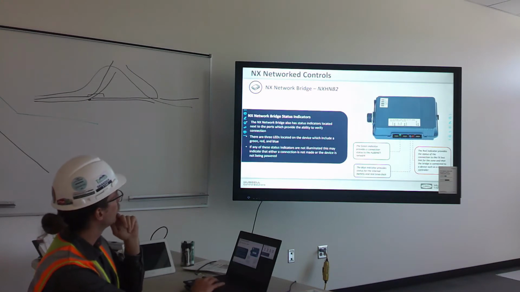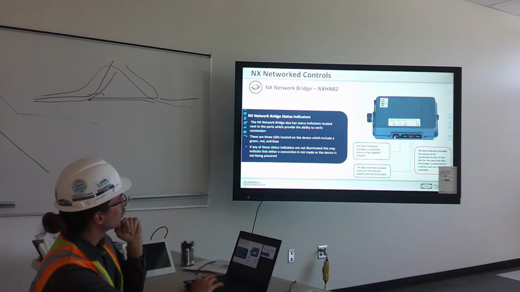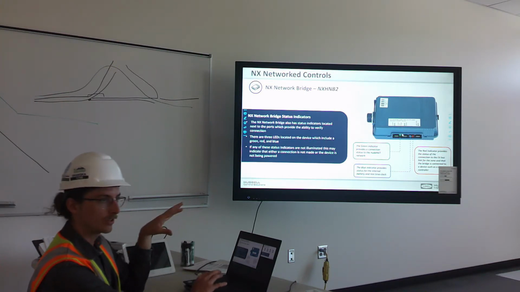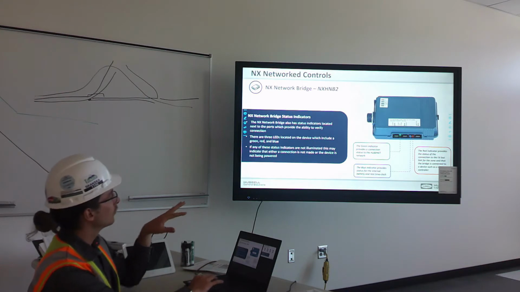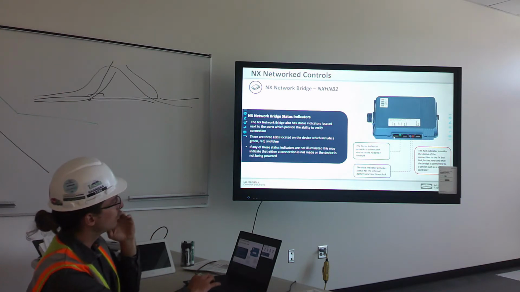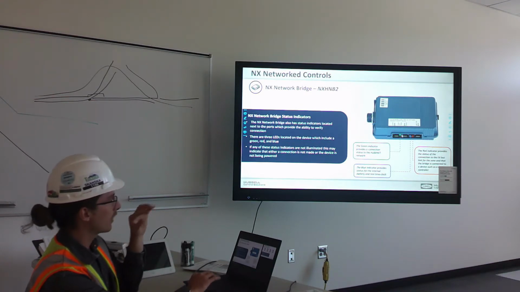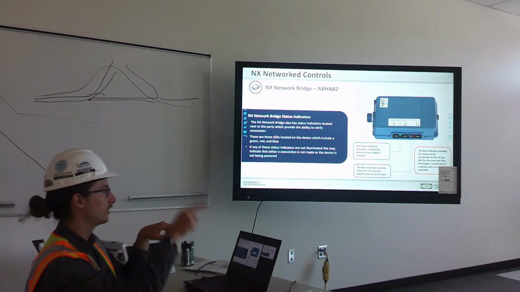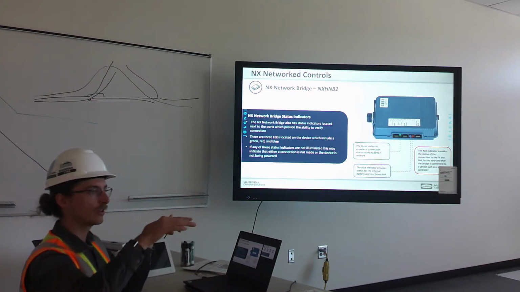Just to go over what these ports do, this is going to be really useful for troubleshooting the network. When you look at one of these bridges, you'll see there's two ports that are close to each other, and then this third one on the right. These two ports are the actual network ports, which they call the hub net, and that's a daisy chain from bridge to bridge.